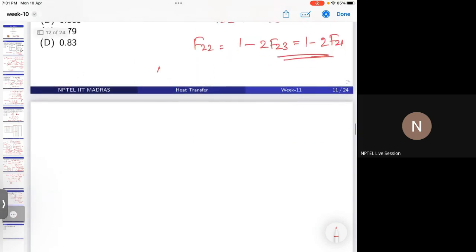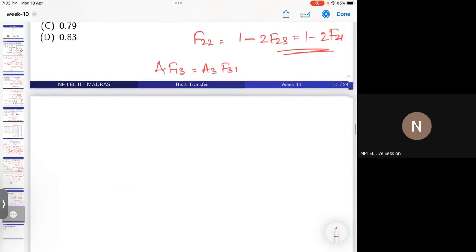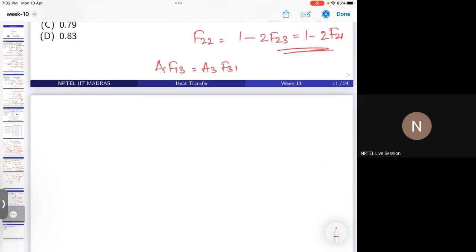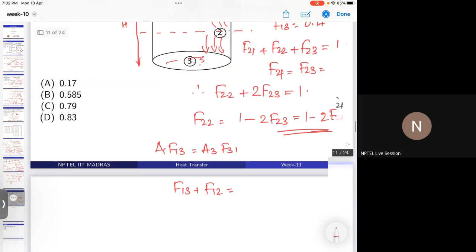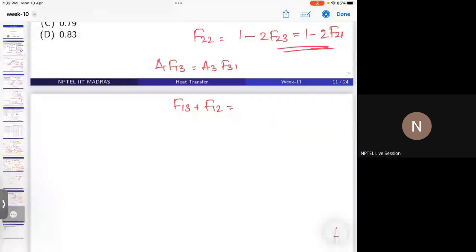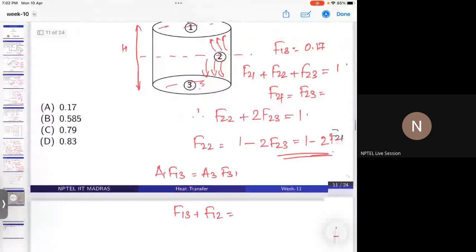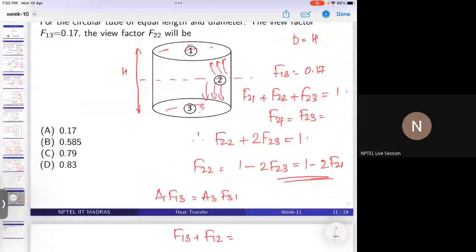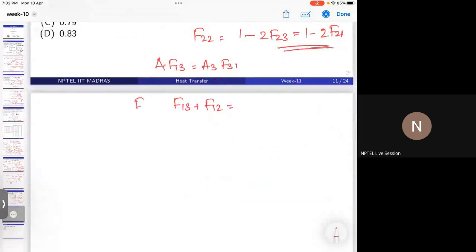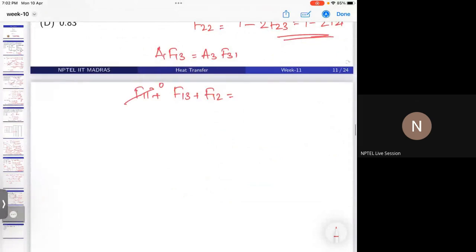Okay, so this is what we need to find out. So A1 F13 is equal to A3 F31. So we have to find out either F23 or F21. Now F11 will be 0, so F12 plus F13 should be 1.